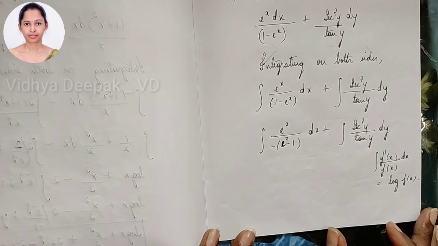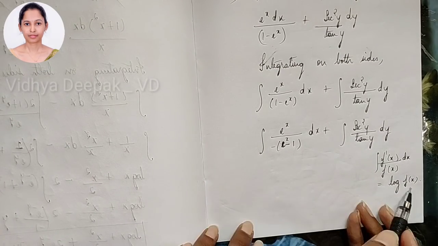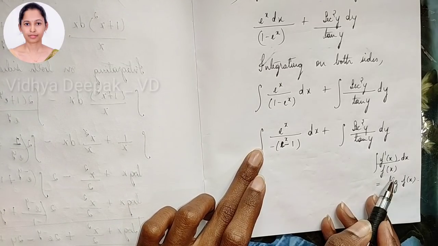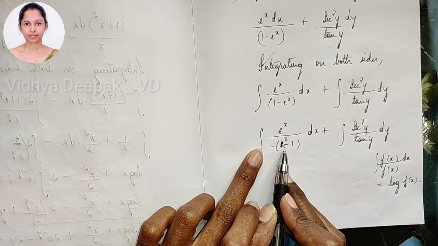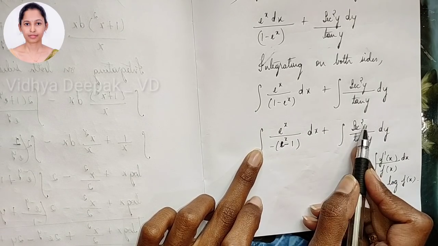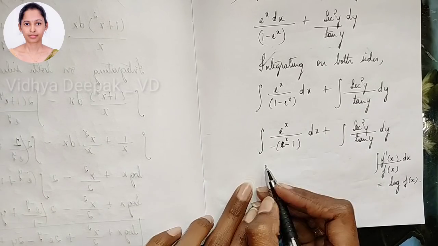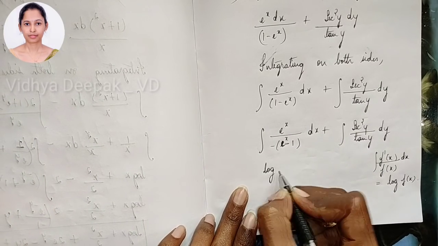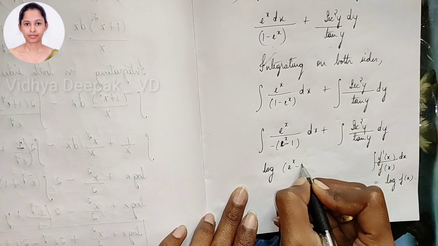So this entire integral can be written as log of e to the power of x minus 1.